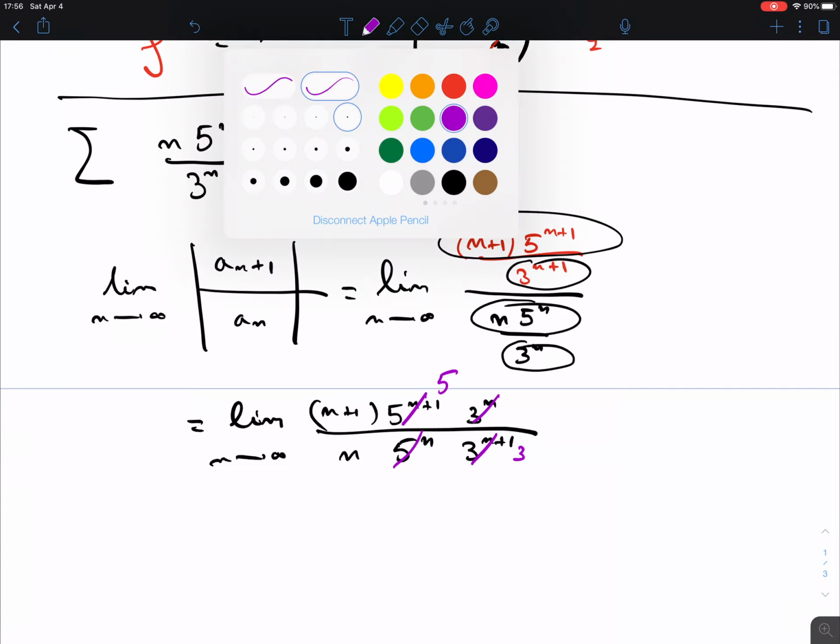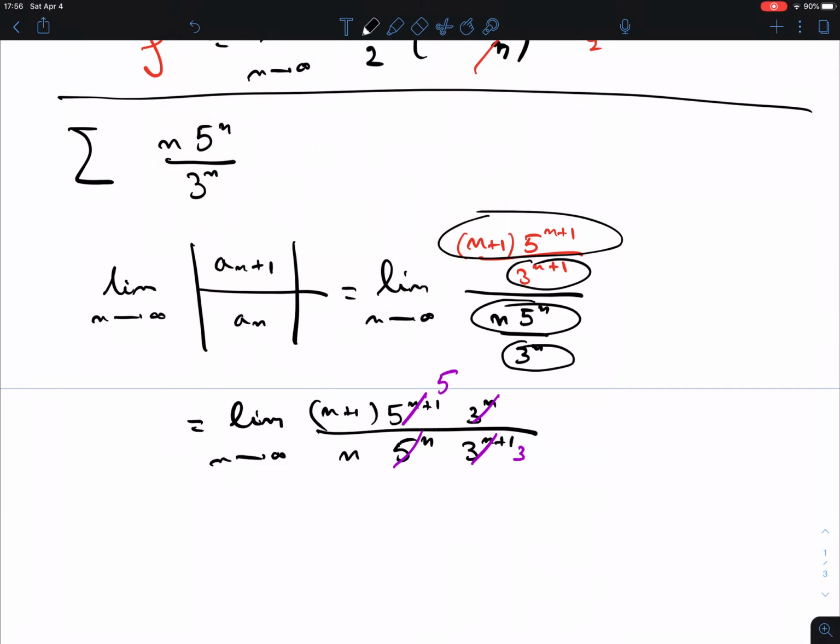But this might be a bit more complicated, so let me show you what you normally do in these cases. Well, we have 5/3 and then we have n plus 1 divided by n. And what we do is divide by the highest degree term. That's how we deal with these limits of these kinds of rational functions. Which of course in this case is just n, which is really just dividing top and bottom by n.